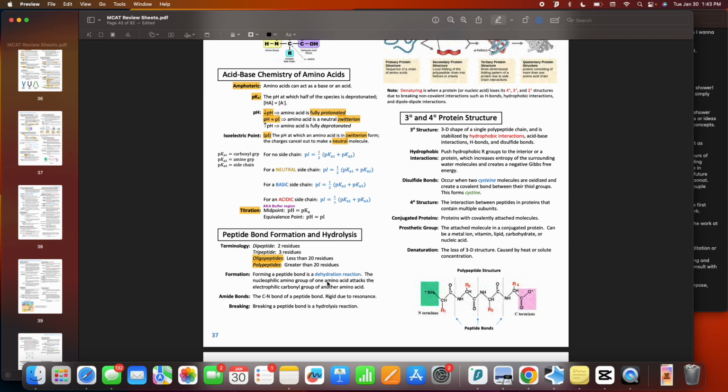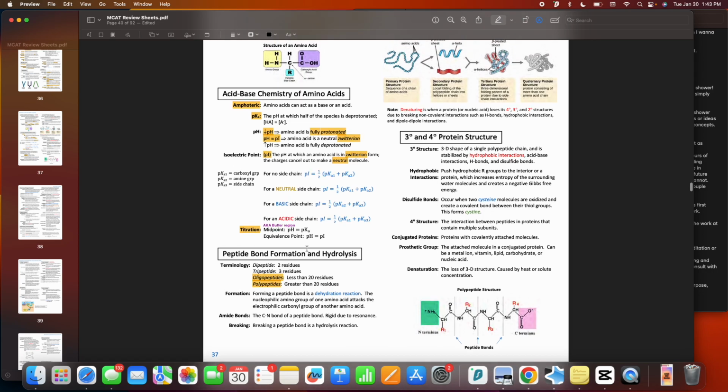So it attacks the electrophilic carbonyl group of another amino acid. So the carbonyl on the carboxylic acid group is electrophilic. It likes electrons, and those electrons are coming from the nitrogen that is nucleophilic, and it likes the nucleus, the hydrogen on the carbonyl group, right?